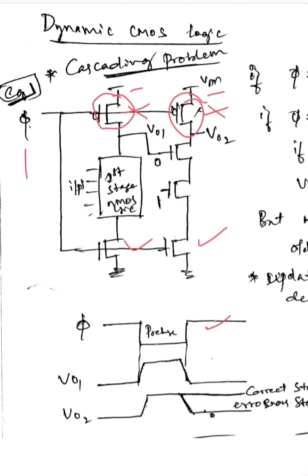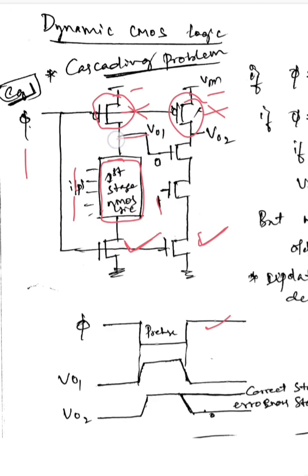The evaluate transistor will be on, and depending on the logic written in the NMOS network, we get the output. Let us consider all the inputs of the NMOS network are 1. Then the pull-down network has 1 as input, and this input is also 1, so we get the output as 0, meaning we expect VO1 to be 0.